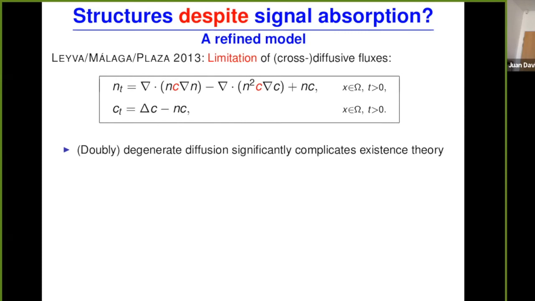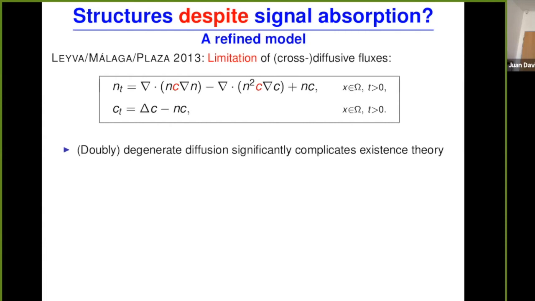There is a big literature on porous medium type degeneracies, but there is not such a big literature on such cross degenerate diffusion operators. So it's a type of doubly degenerate diffusion, which is not the doubly degenerate diffusion that you usually see when the title of the paper is doubly degenerate.